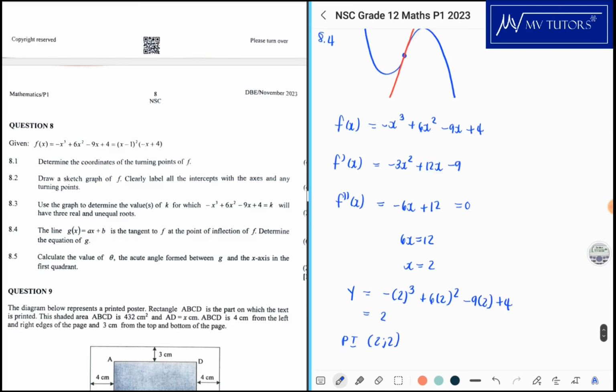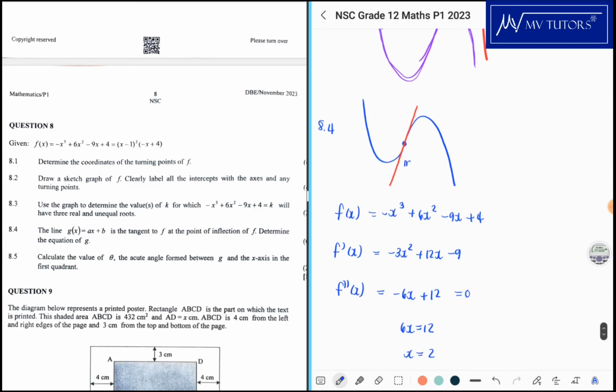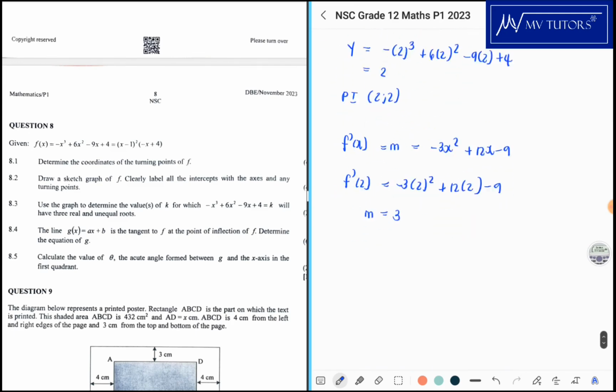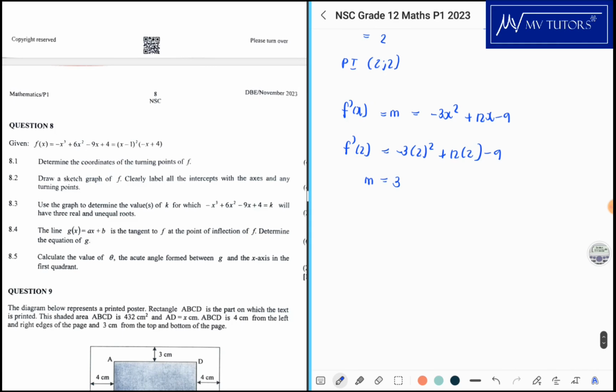And looking at our sketch, is it positive? Yes, the gradient should be positive. So that's great. Now we have a point, we have a gradient. We can go to the equation y is equal to mx plus c. Let's substitute in the y value, which is 2, the gradient 3, x value 2. So what would the c value be? It would be 2 minus 6, which is negative 4.